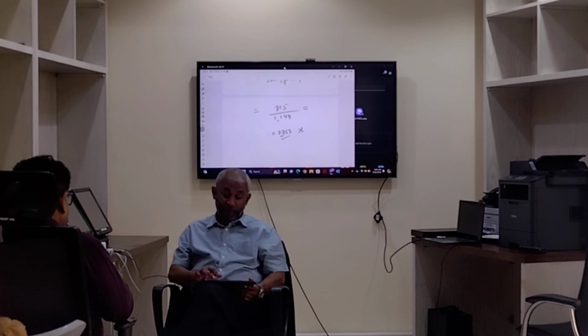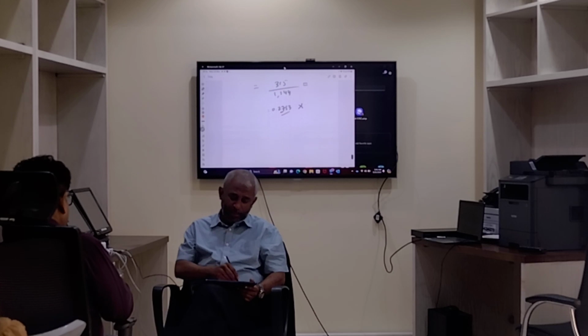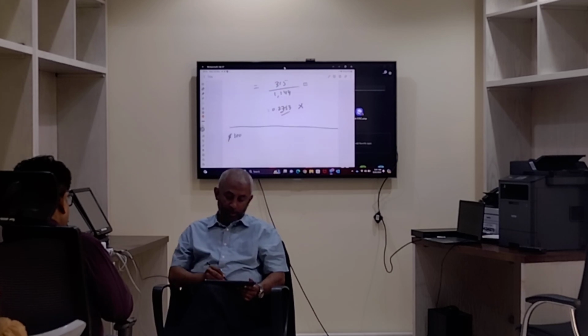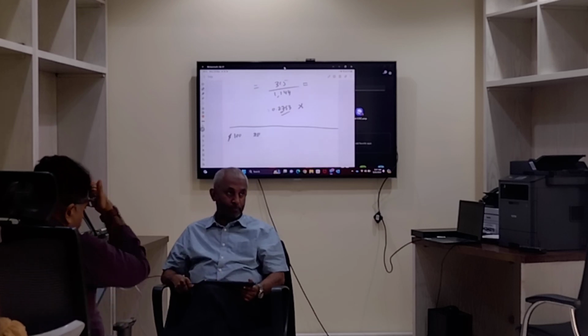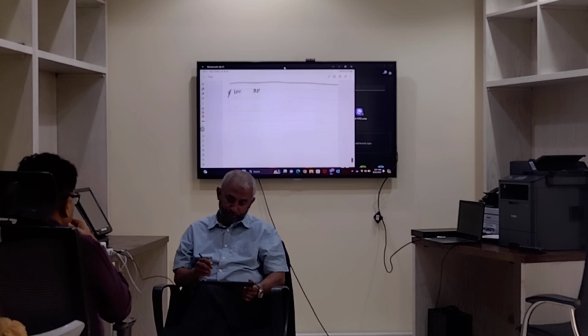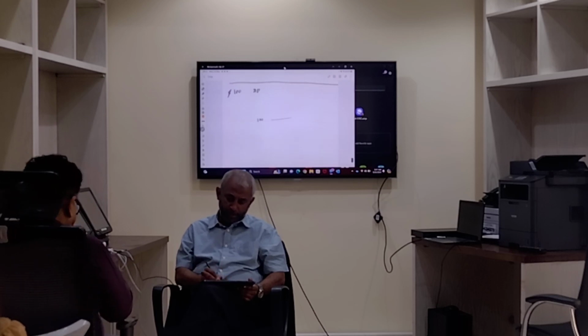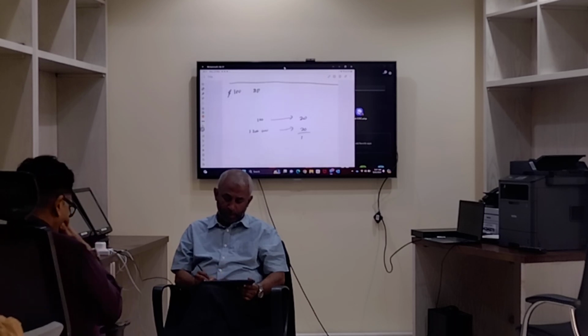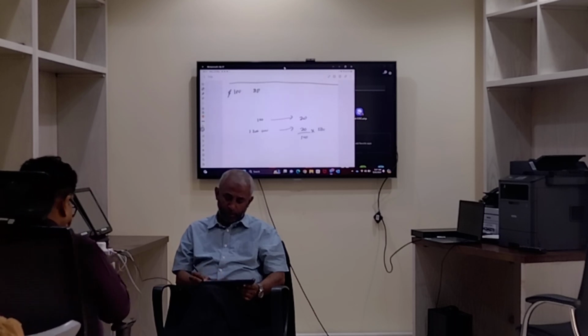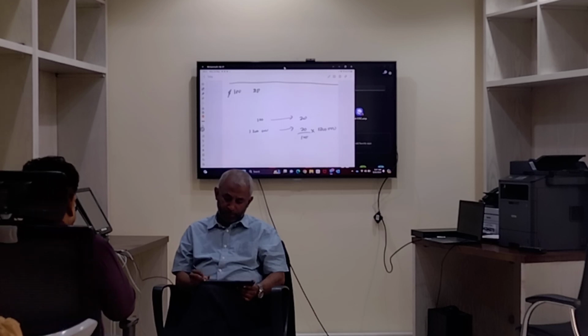financial statement. Whereas if I change the scenario like this, every $100 they receive 20 shares. Now what is the scenario? For $100, 20 shares; for 1.2 million, 20 over 100 into 1.2 million.